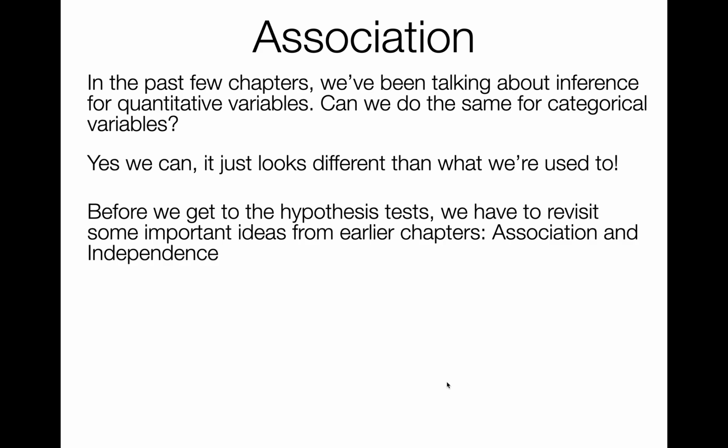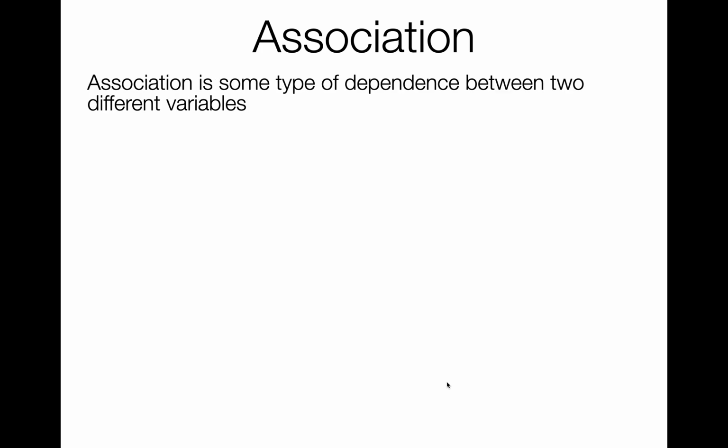So before we get into the actual hypothesis test, we've got to revisit some important ideas from the earlier chapters, i.e., association and independence. Association is the same thing as dependence. So association is some type of dependence between two variables.